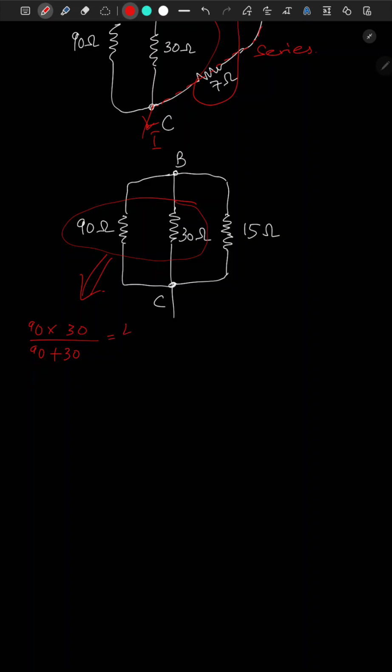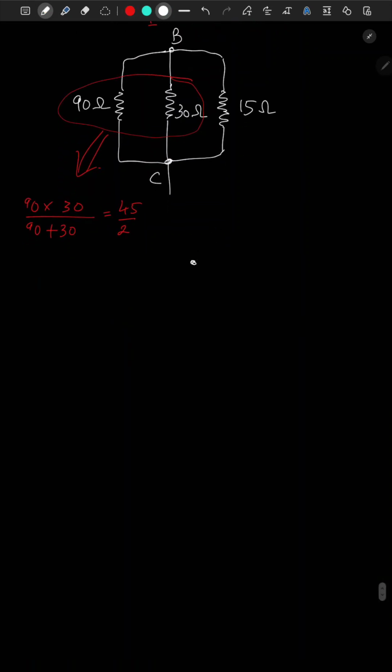So you will get 45 over 2. Okay, so you can just replace these two by 45 over 2 ohm, and we have the 15 ohm.